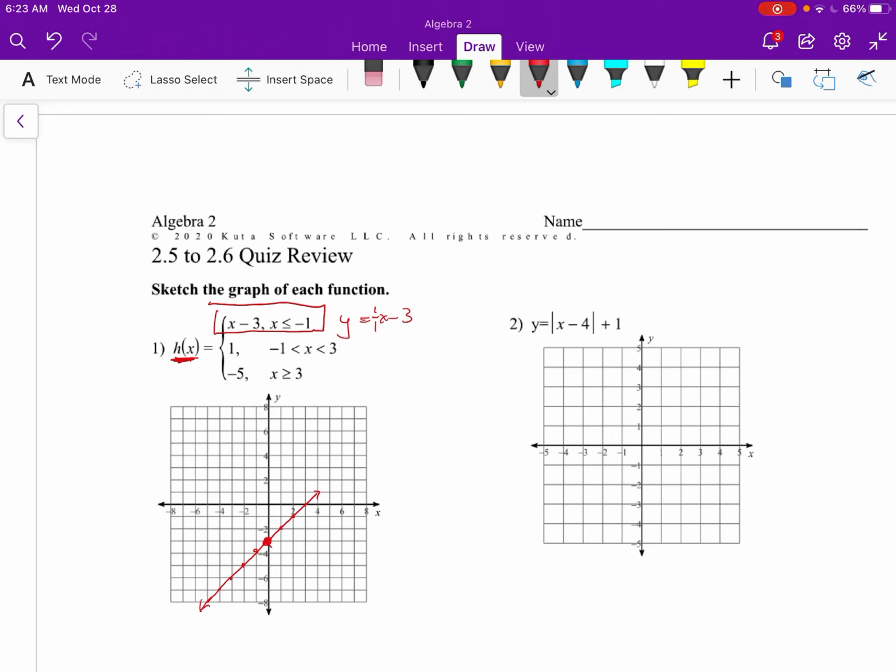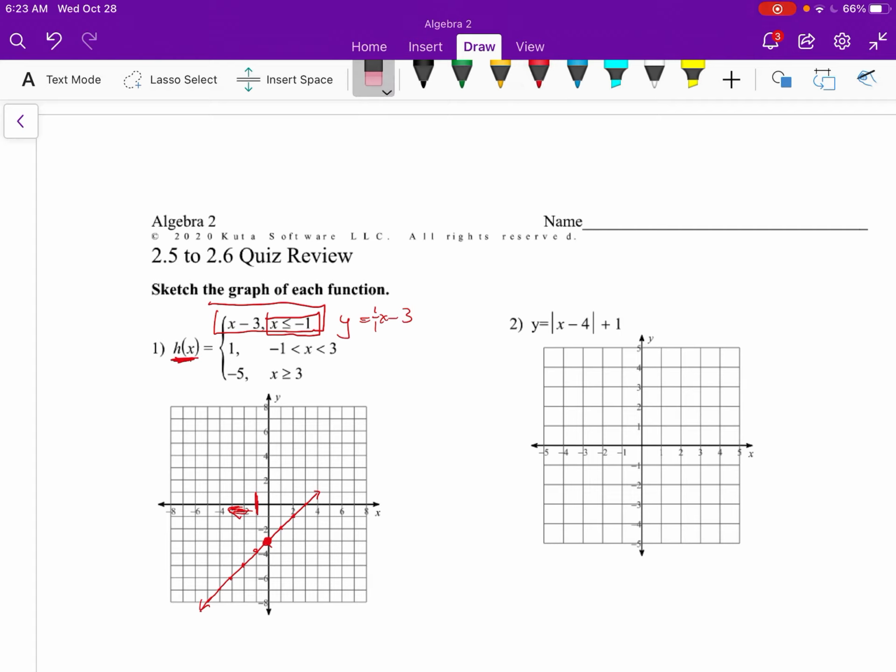Now, the next part, this part right here, tells us we only want this line when x is less than or equal to negative 1. So that line should only be when x is less than or equal to negative 1. So to the left of this.